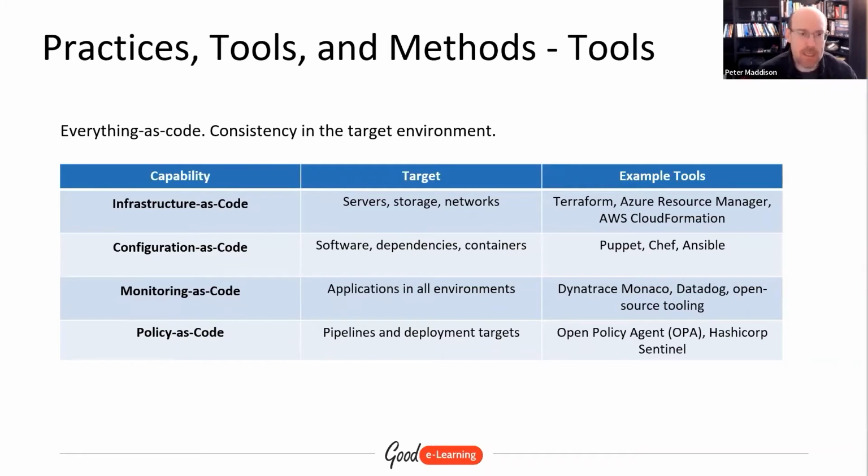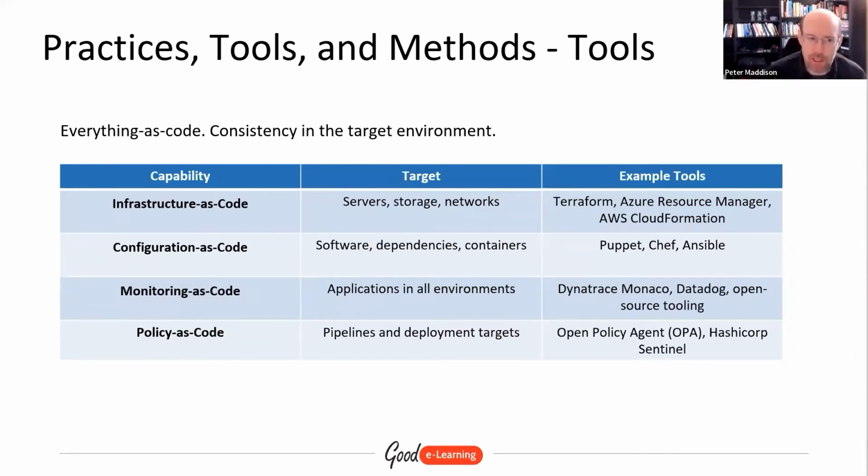This is a key piece to understand too, and a fairly new-ish concept. Rather than having to work out what needs to happen in my monitoring system every time I make a change, if I store that alongside my code and my service in my source code repository, I can push this out at the same time. There are tools like Dynatrace, which has a tool called Monaco, there's Datadog, and there's various pieces of open source tooling that can enable this to happen.